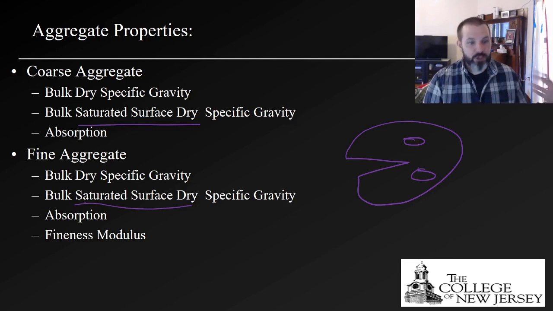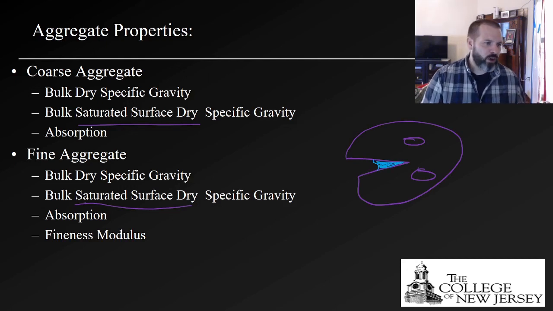So if we introduce water to this particle, it'll absorb up some of that water and fill up this void here. If we only have a little bit of water in there, we call this aggregate partially saturated.